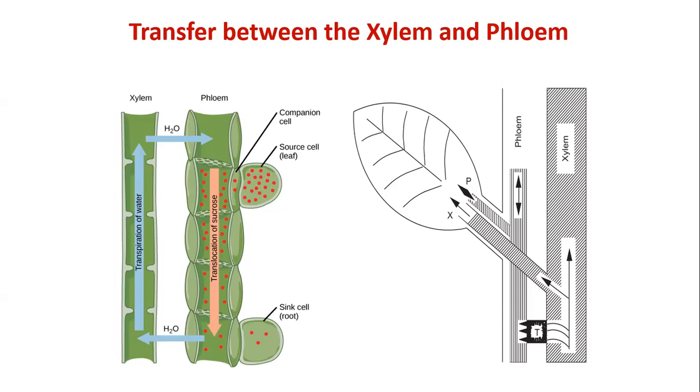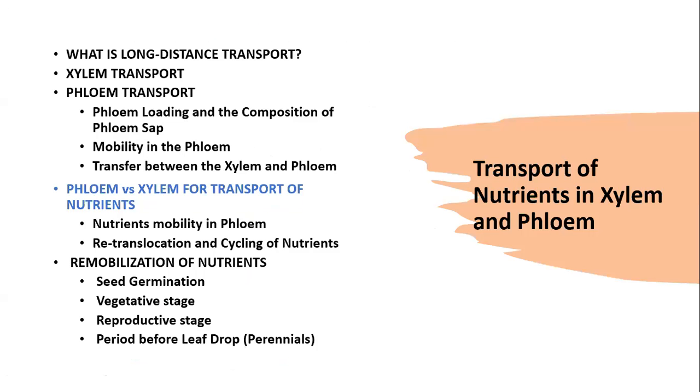And you must remember that phloem is living cells. So if any ion has to transfer into the phloem, it must pass through the cell membrane, so it must use transporter proteins for its mobility. So the transfer of ions occurs between the xylem and phloem, also at the root level. There is also exchange of at least the water molecule between phloem and xylem.